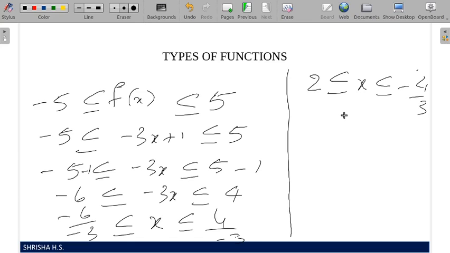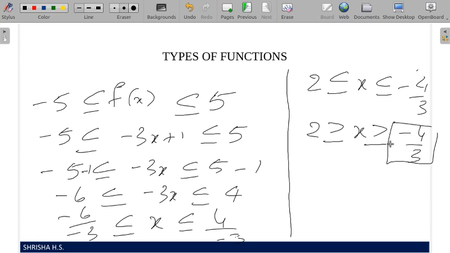So we are just changing signs here, to minus 4 by 3. When we did it like this, we get minus 4 by 3 as the least value.